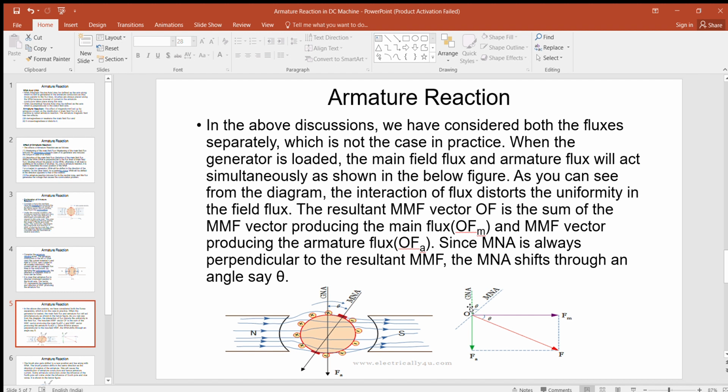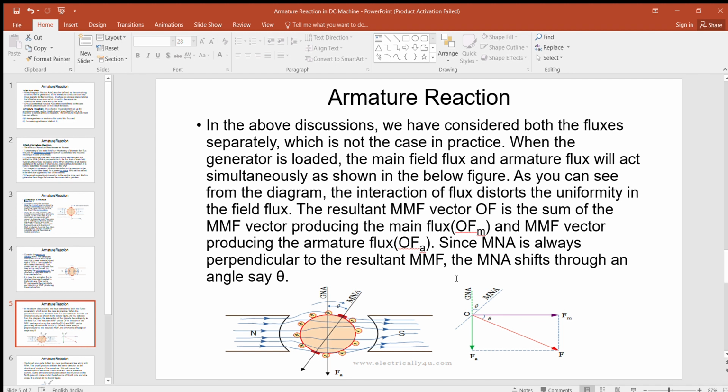Here the resultant OF is the sum of the vector producing the main field flux, OFM, and the MMF vector producing the armature flux, OFA, the downward direction produced by the armature current.